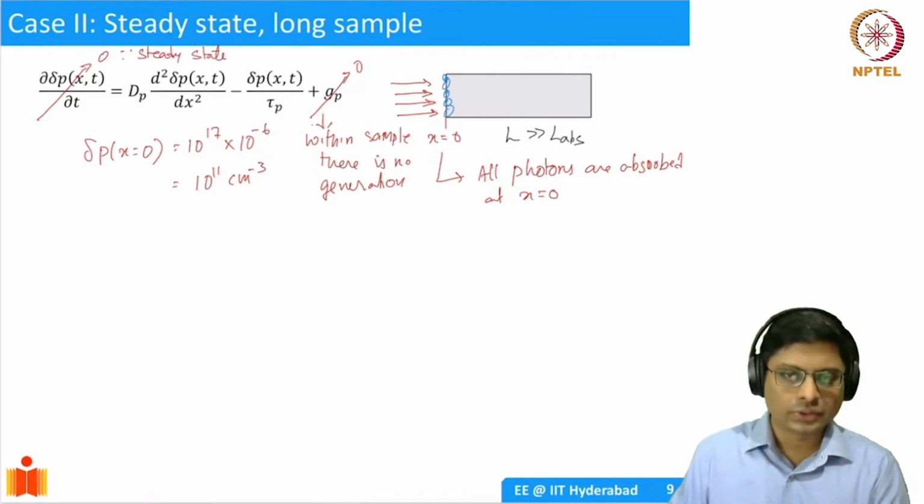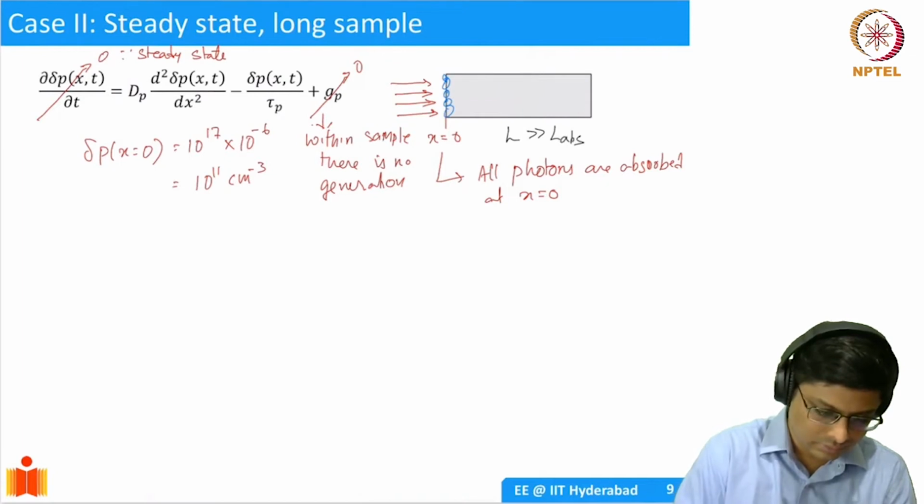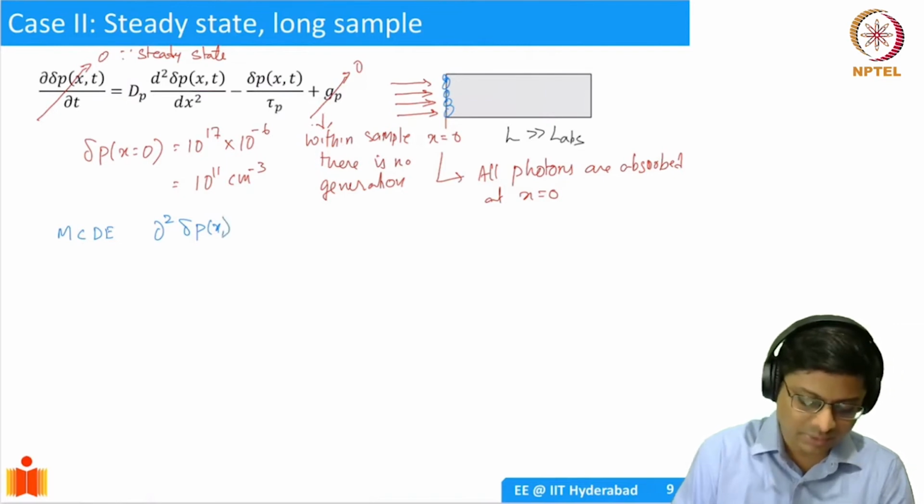All right, so now our MCDE becomes what? The second derivative with respect to position of delta P. Now delta P is going to depend on position.